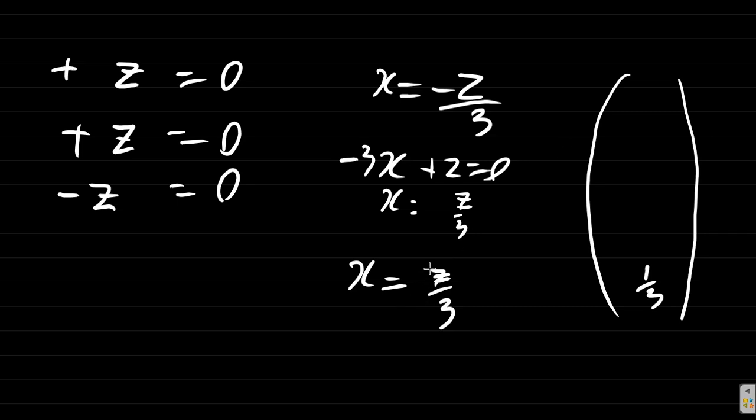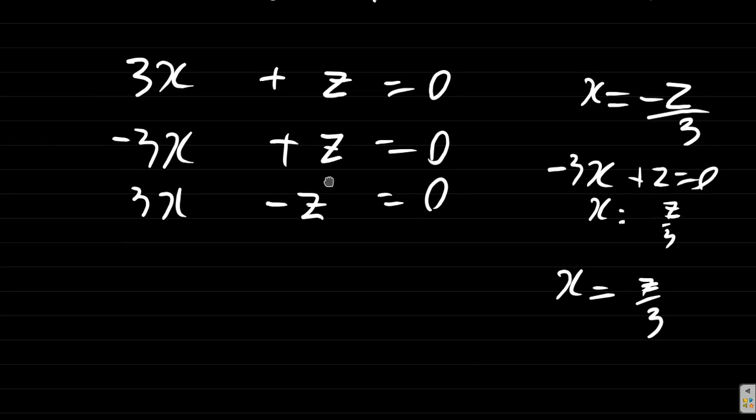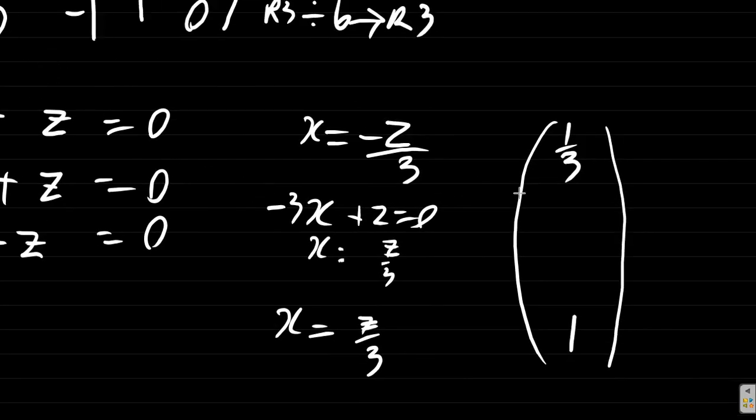My gosh, I'm confusing myself. Z is 1, x would be 1/3, and you see that y would be 0. There's no movement, no magnitude in that direction.